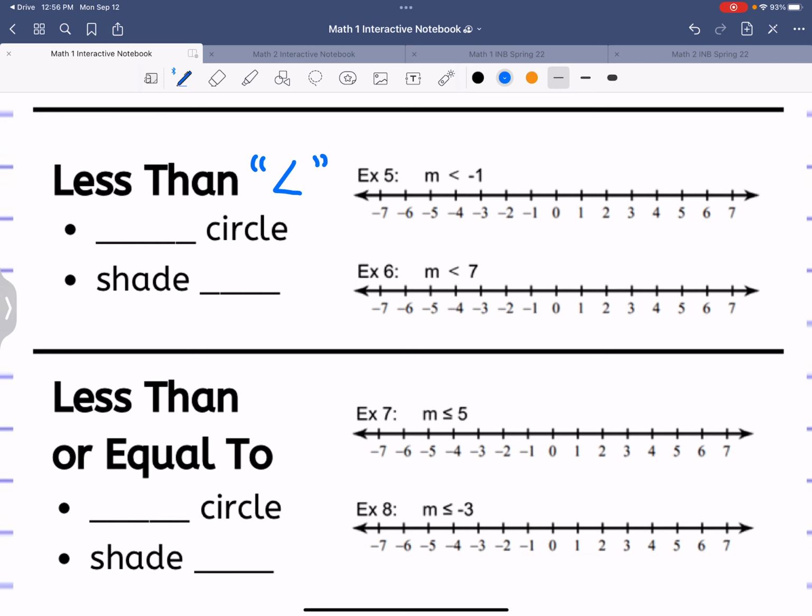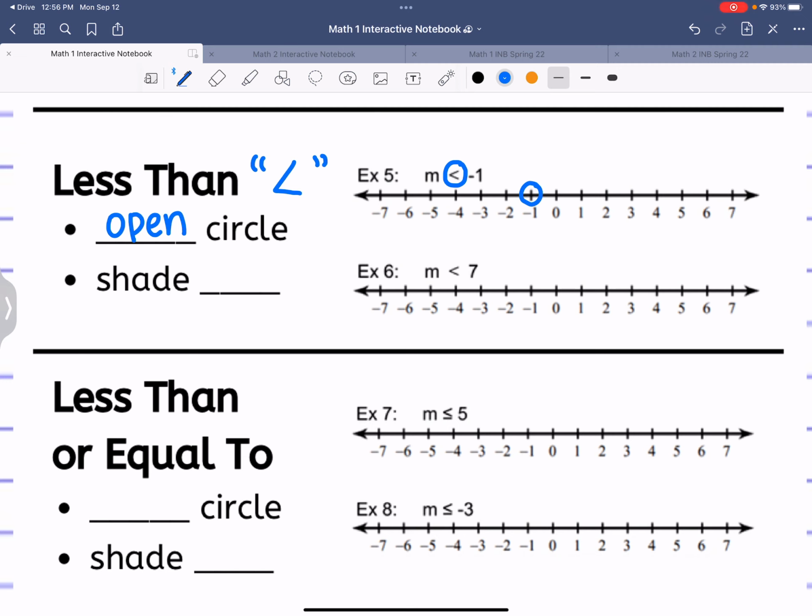With less than, we're going to use an open circle because we don't have the inequality symbol or the equality symbol below it. For example 5, we have the less than symbol, so we're going to locate -1 with an open circle. M can be any number less than -1.